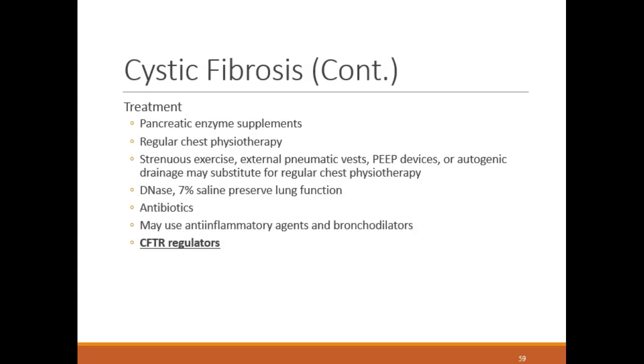So these are going to be the mainstays of their treatments. There's not necessarily one that's going to be better than the other. You just want to make sure that you're tailoring which device you're picking to the patient's needs.